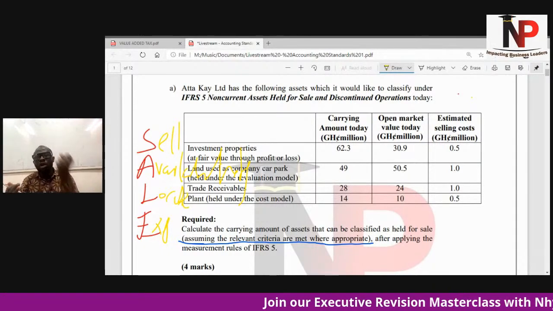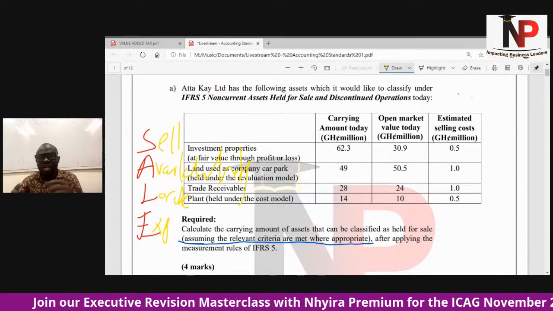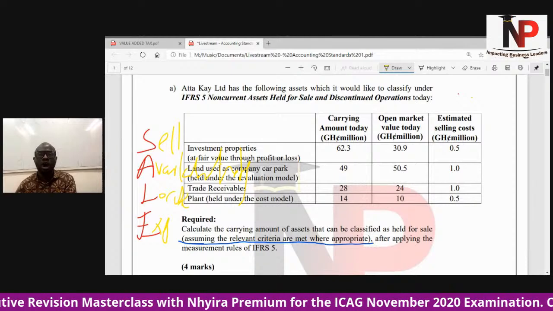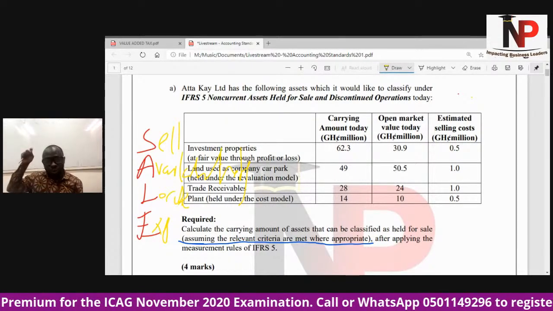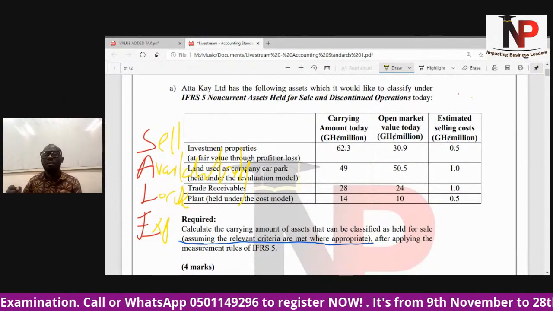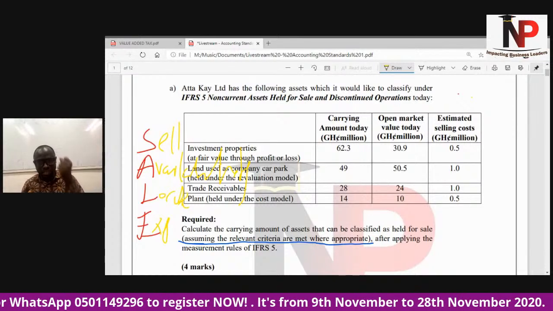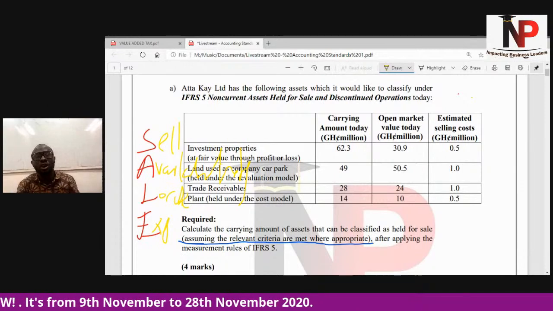In other words, we're going to be comparing the carrying amount at the date of the decision with the recoverable amount. If the carrying amount is more than the recoverable amount, we carry it at the recoverable amount. If the recoverable amount is more than the carrying amount, we carry it at the carrying amount. Then on subsequent measurements, the same thing applies.